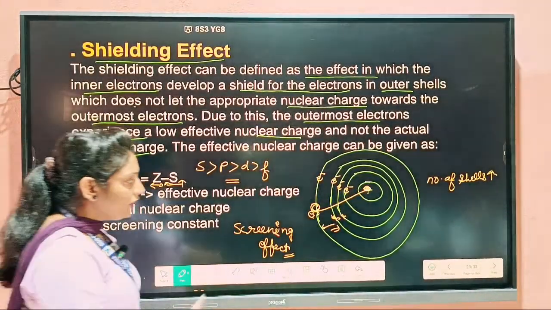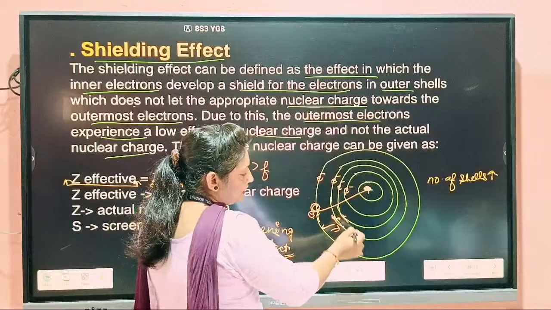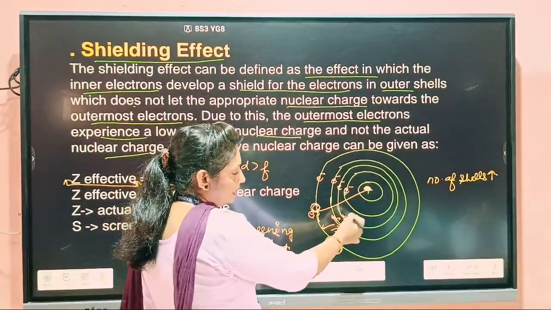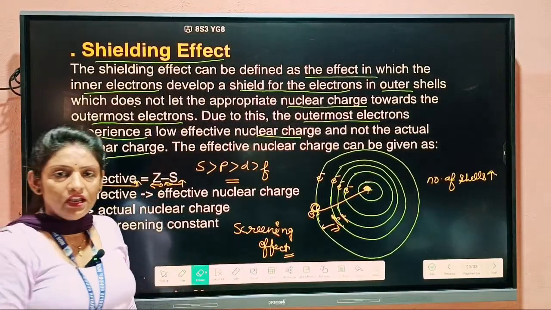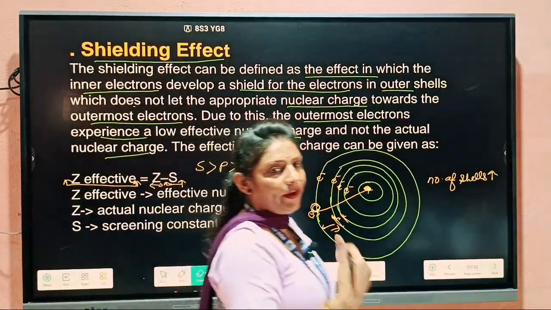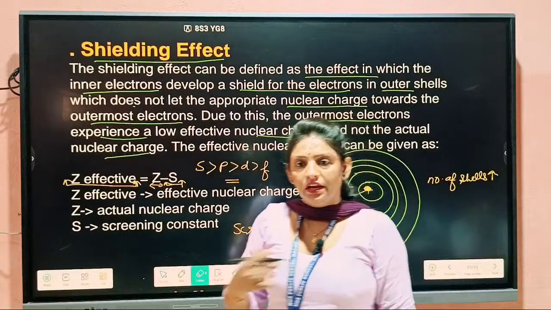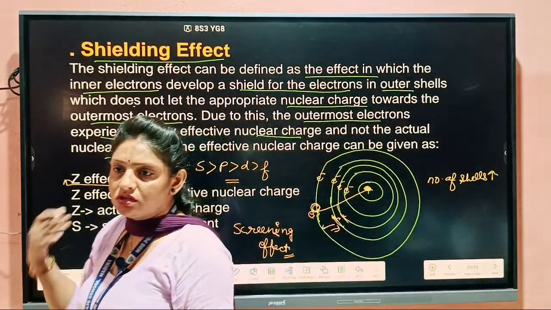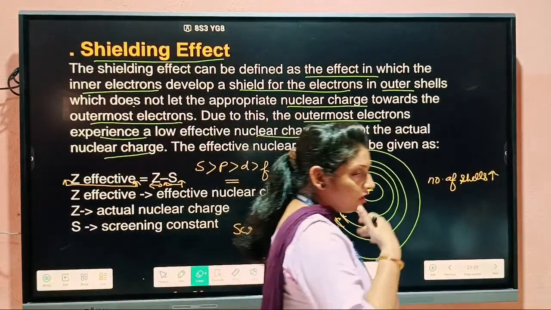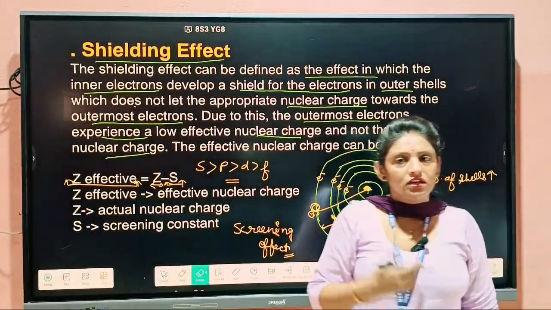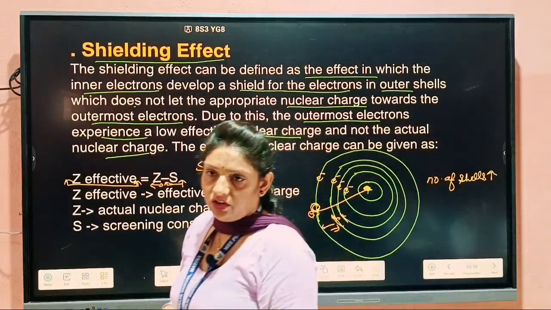It tells what the effect of the shield which the inner shells are producing on the outermost shell is, because they are decreasing the effect of the nucleus on the electron present in the outermost shell, and this effect of the inner shells on the outermost shell is known as the screening effect.